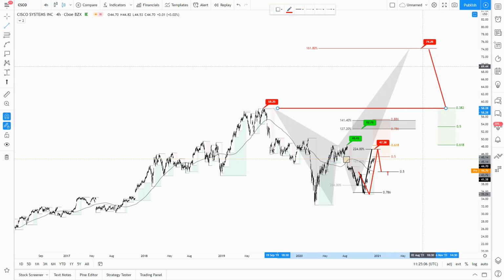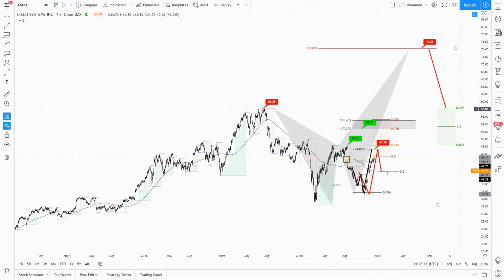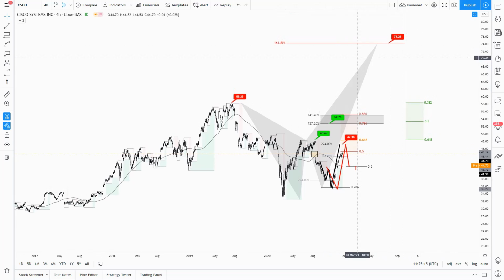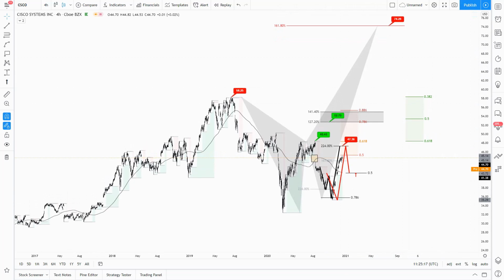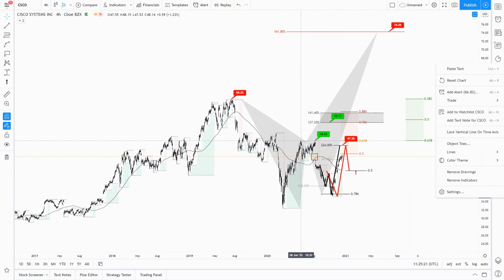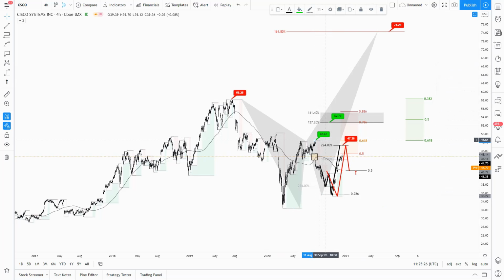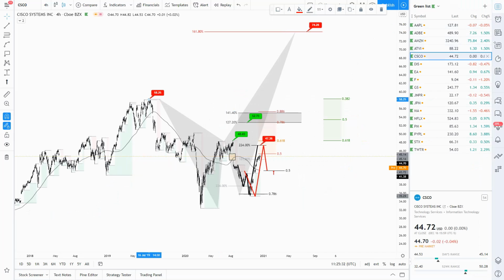If that happens, we may see a retest of these previous structure highs. Let's see if that is the case. So again, I have a bullish bias for Cisco, but a step-by-step process, not before breaking above 48.45, and then the previous structure highs, the 58.25.